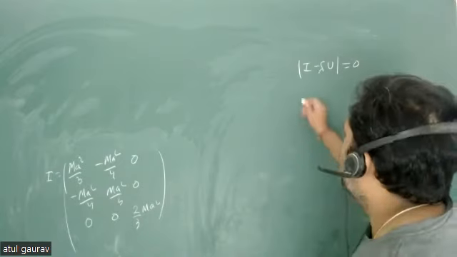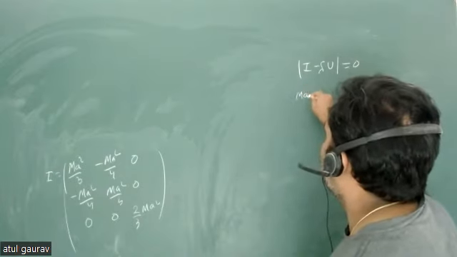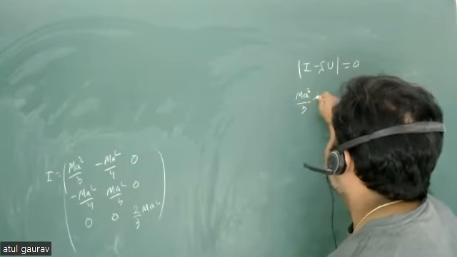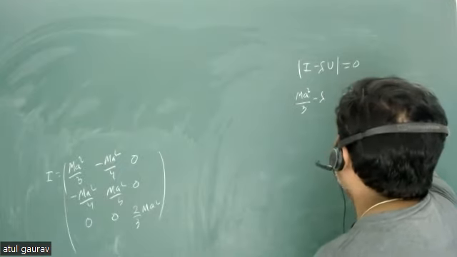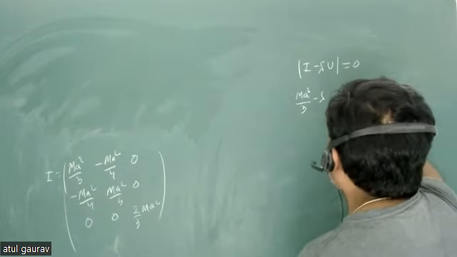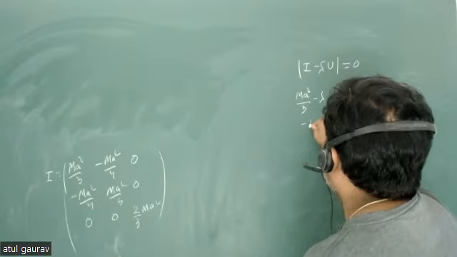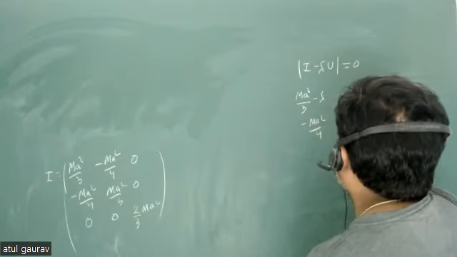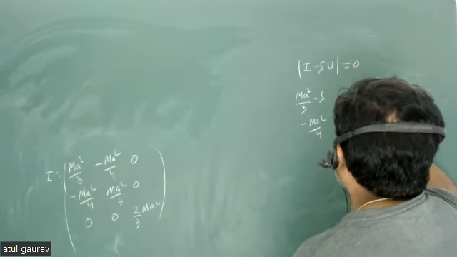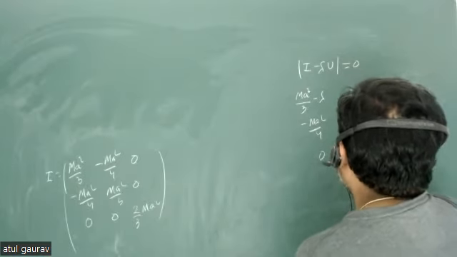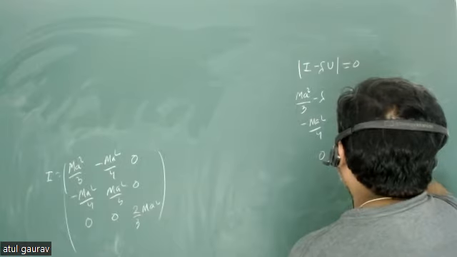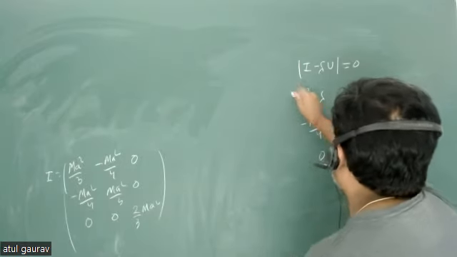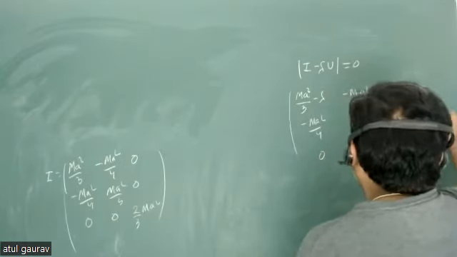Okay. So what will happen? We will just go for ma²/3 minus lambda, minus ma²/4, 0; minus ma²/4, ma²/3 minus lambda, 0; 0, 0, 2/3 ma² minus lambda. That must be equal to 0.